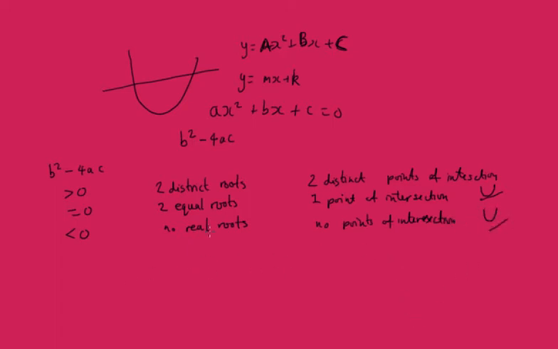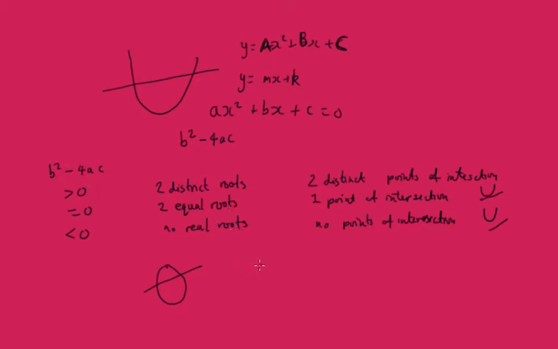Now we can do the same with circles. So we can have our circle, and we could have a line that cuts through it, and we can solve it in the same way. We can have our equation for our circle, and we can substitute in for y or x from the equation for the line, and use the same b squared minus 4ac to tell us a bit about the roots.